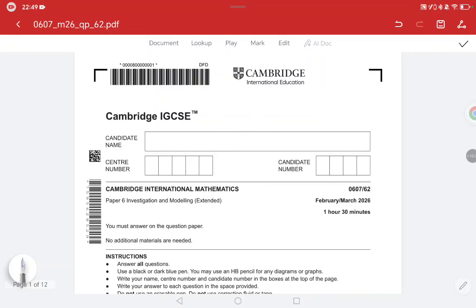What you can do before the exam, please remember: read the context carefully. You have to understand the context because it will help you understand and interpret the question very well. Please communicate everything. Write reasons, not just the final answer.